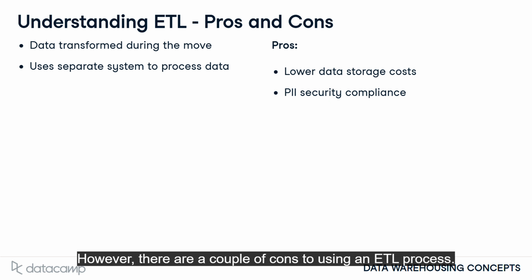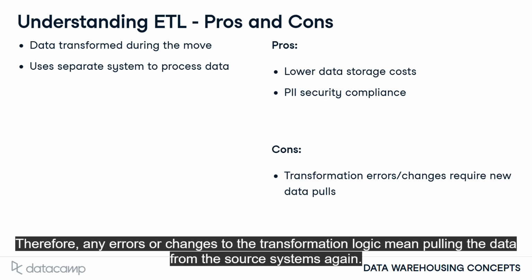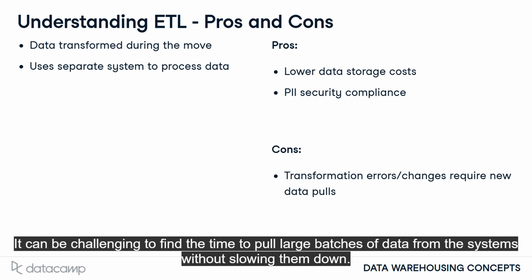However, there are a couple of cons to using an ETL process. First, we do not store the original data from the input sources during the transformation process. Therefore, any errors or changes to the transformation logic mean pulling the data from the source systems again. It can be challenging to find the time to pull large batches of data from the systems without slowing them down.